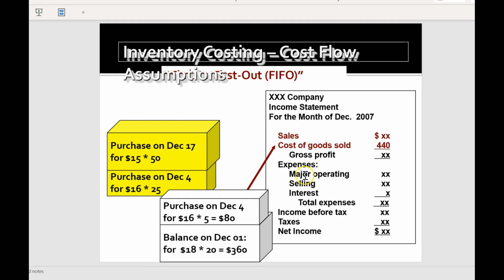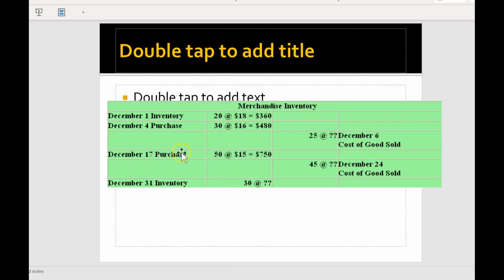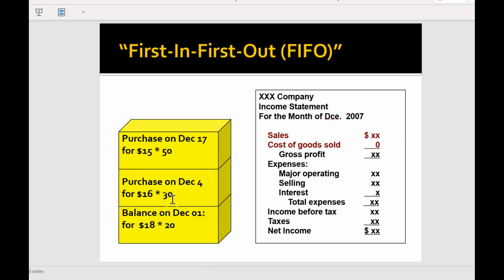So this is an animated way to show that we have the 20 units that's coming from the first batch, and then another 5 units coming from the second batch. Now you can see the second batch is left only 25 units rather than the original 30 because we use up 20.